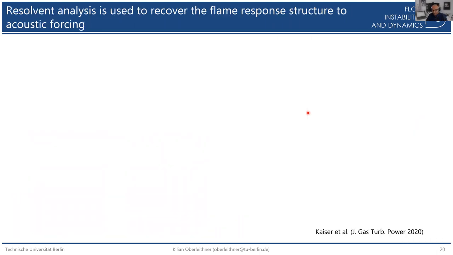So modeling the FTF is quite important, particularly for prediction of thermoacoustics. However, it is a black box approach, and we would also like to have some more information about the actual structure of the perturbation or the structure of the flow and flame response we have in our combustor.